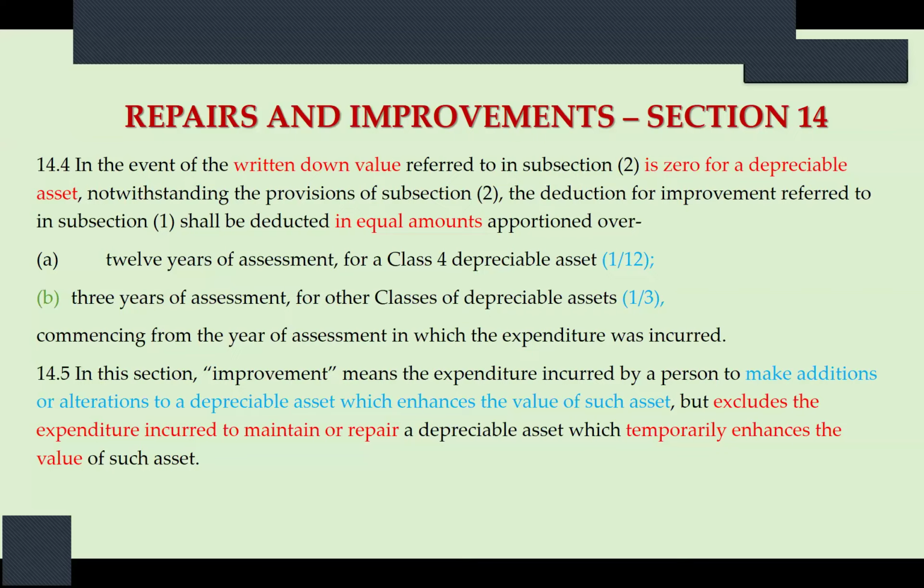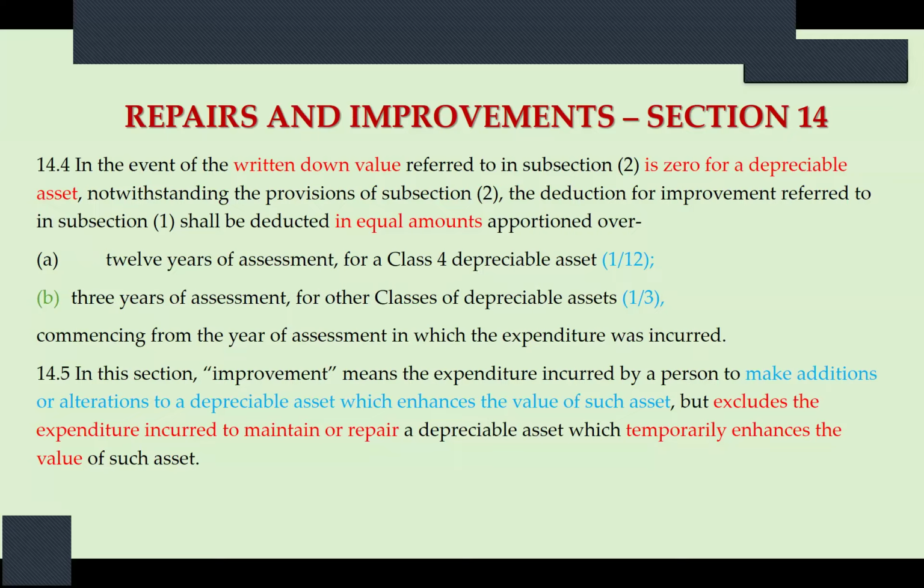That means after incurring expenditure for assets that have 0 written down value, if that expenditure was incurred for a class 4 depreciable asset, the improvement amount should be divided by 12 years, and each year 1/12 of the value can be deducted as improvement expenditure. That is for a class 4 asset.